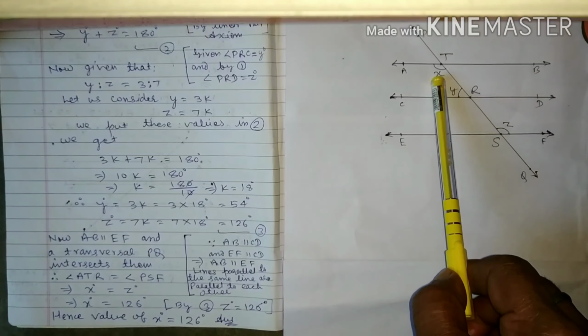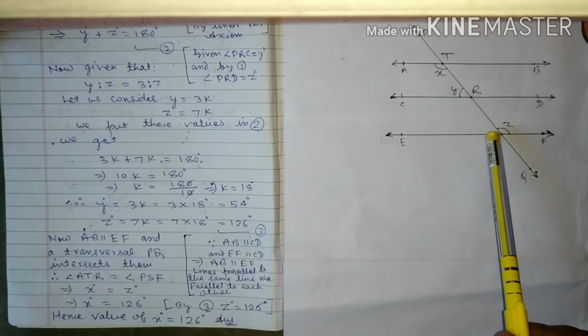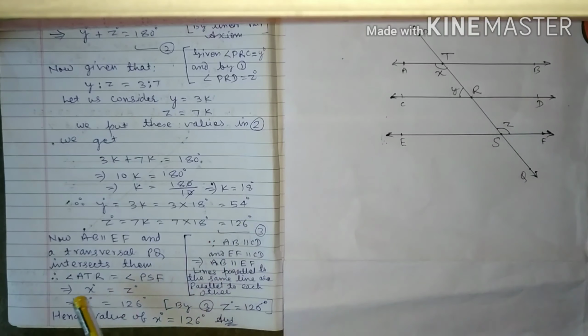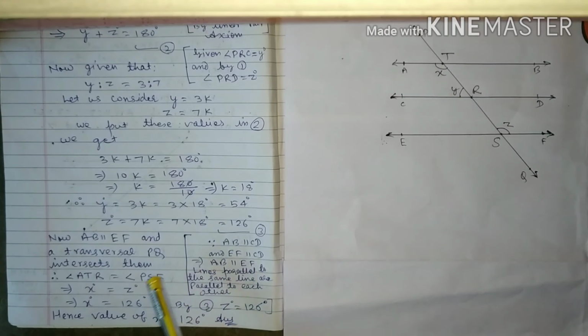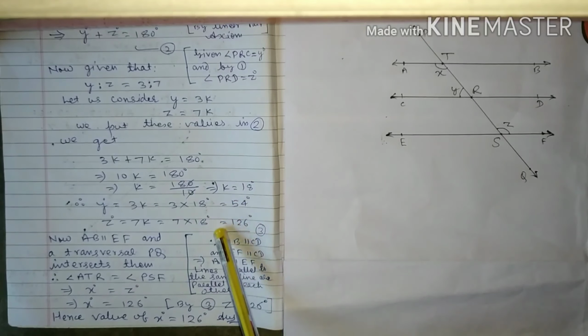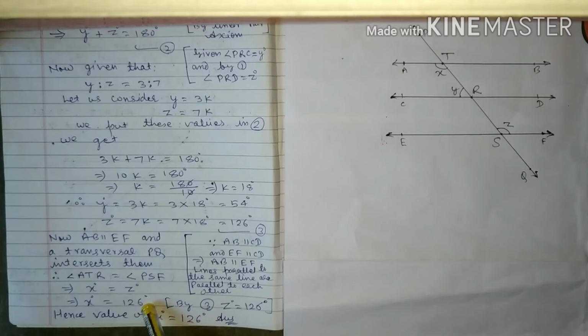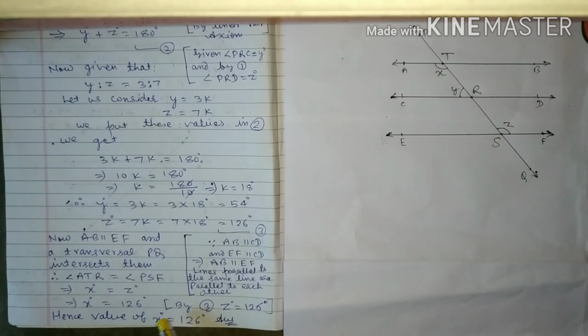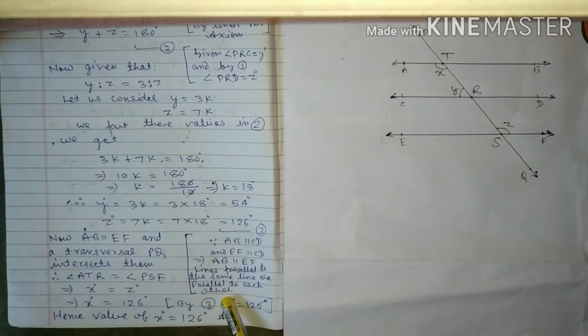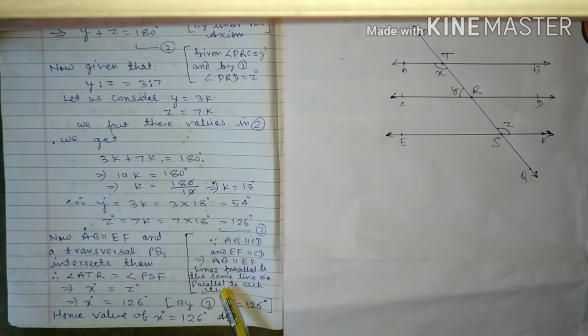ATR equals x and PSF equals z. x is equal to z degrees, but z is already calculated as 126 degrees by equation 3. So we put this value here. Therefore, x is equal to 126 degrees. Hence, the value of x is equal to 126 degrees. This is the answer of this question.